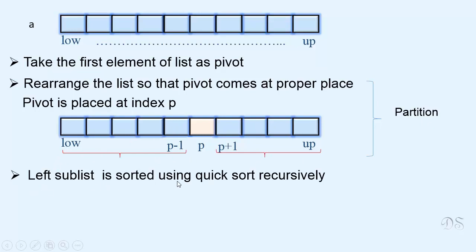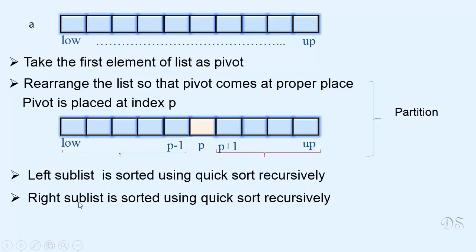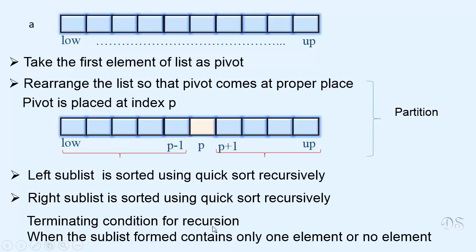First, this left sublist is sorted using quicksort recursively and then right sublist is sorted using quicksort recursively. And the terminating condition for recursion is when the sublist formed contains only one element or no element. And the sublist will contain one element when lower bound is equal to upper bound and it will contain no element when lower bound is greater than upper bound.